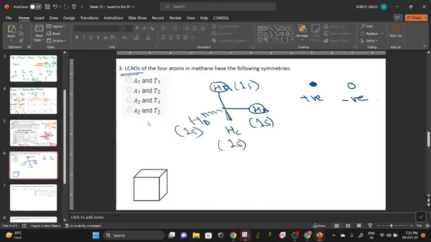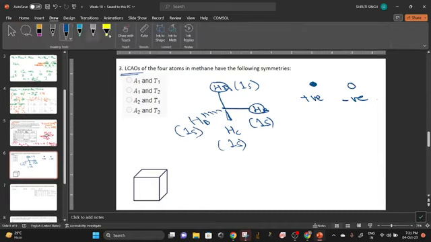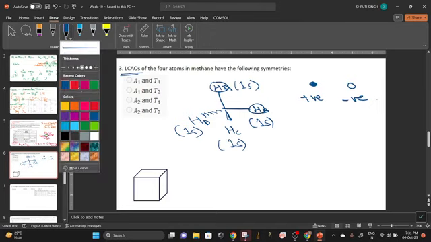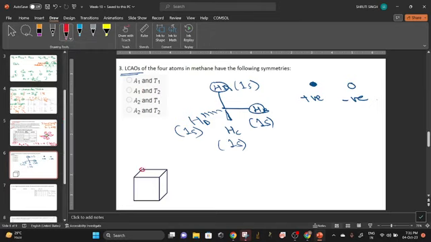Okay, so this is a cube. The 1s orbitals will be arranged at alternate opposite corners. So if this is one, here nothing will be there, here one will be there. Now down there nothing will be there, here it will be 1 and here it will be 1.